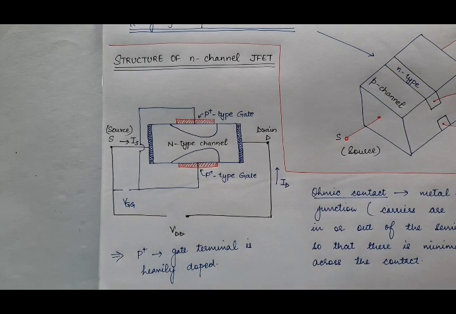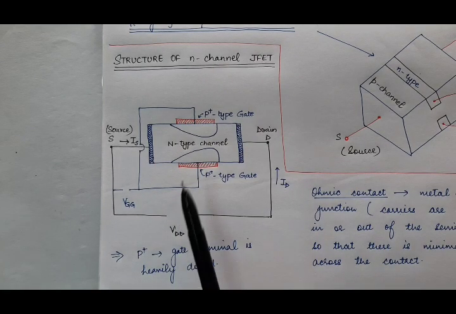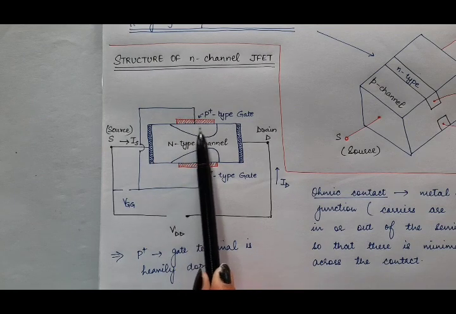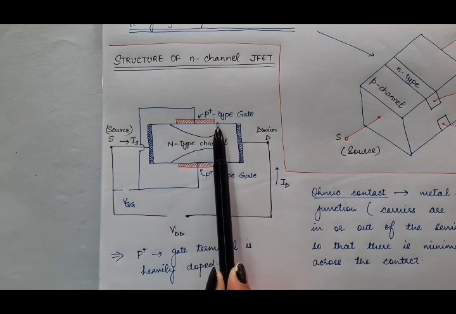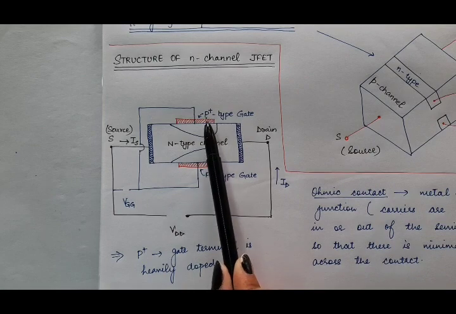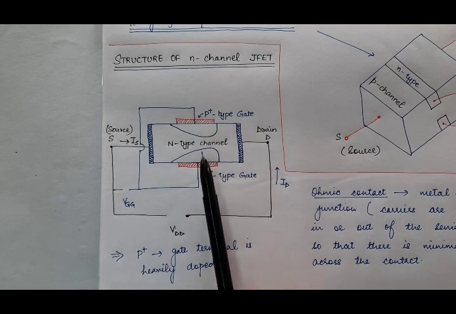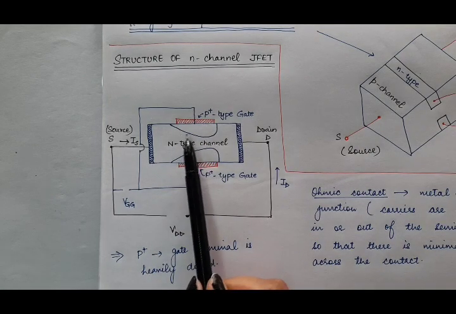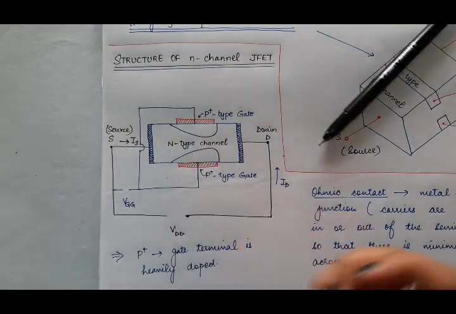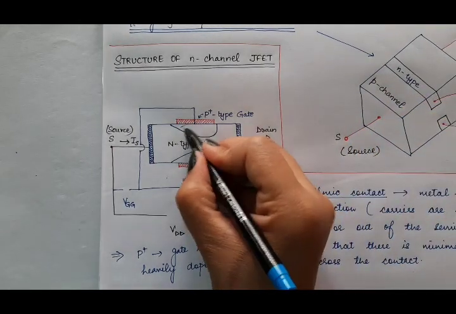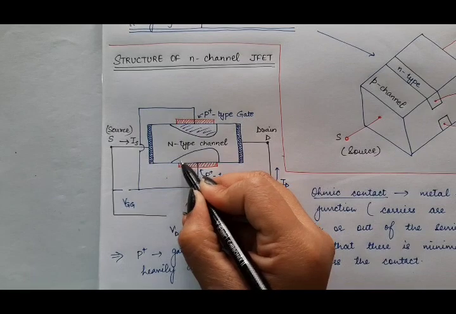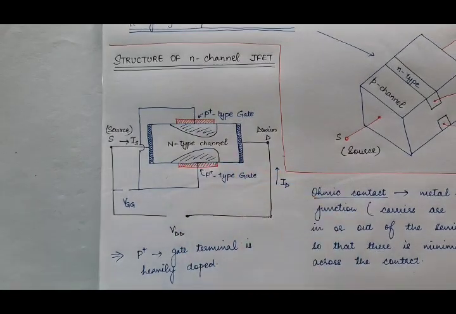And if there is a PN junction, then you will also have a depletion layer. So there will be some depletion layer in between this PN junction and in between this PN junction. Actually, this whole portion is a depletion layer.